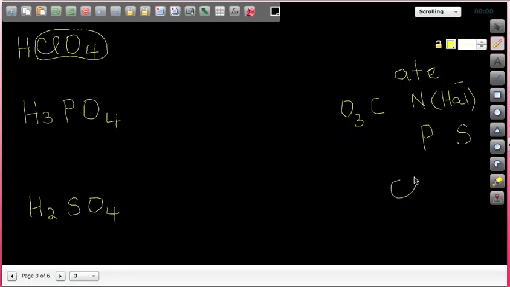So you will have ClO3 1 minus. Then you compare with what you've circled, and you notice you've added an oxygen. So if you add an oxygen, it will become perchlorate. Notice the ending in an -ate. So the acid would be perchloric acid.